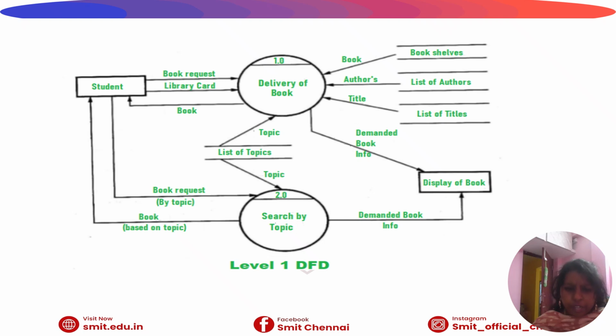In the level 1 DFD diagram, the student requests the book with the library card. The requested book is searched in the rack with the author name, the title, and the publication name. The searched book is then displayed to the librarian for updating in the database to issue the book to the student.